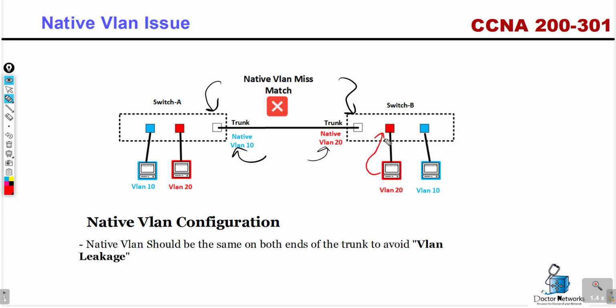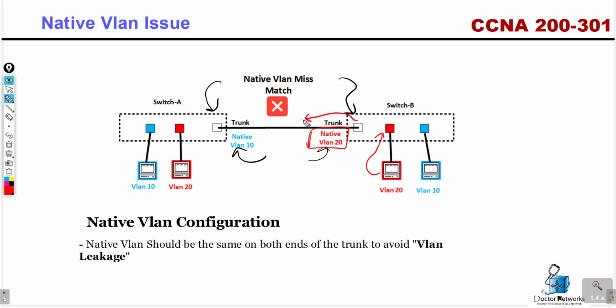The broadcast comes in to switch B's port. It receives it. It sends it out off of its trunk as untagged, because what you have done here is you said, okay, native VLAN 20. It's not just for receiving packets, it's for outgoing packets as well. So as the packets traverse out of that trunk, they're going to be untagged.